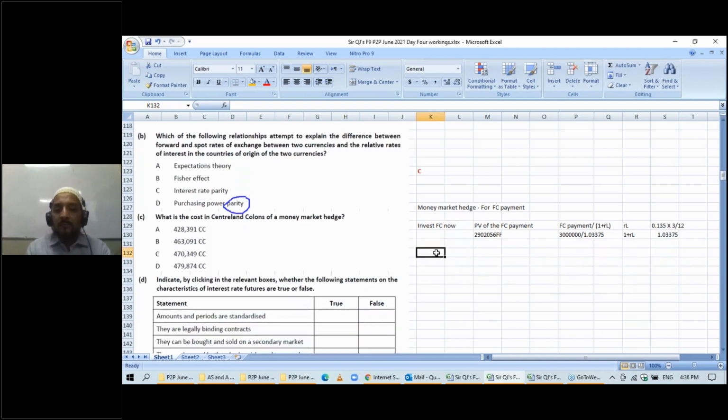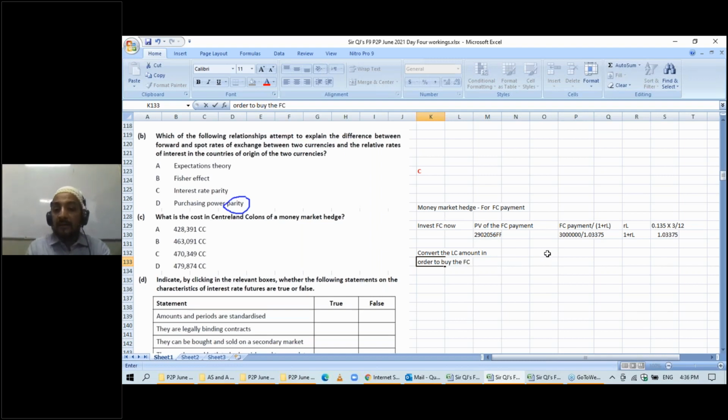Okay. Now how you will get this 2,902,056 francs? For this, you need to first convert the local currency into foreign currency. So we will convert the local currency amount in order to buy the foreign currency.